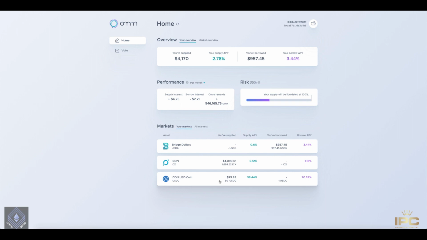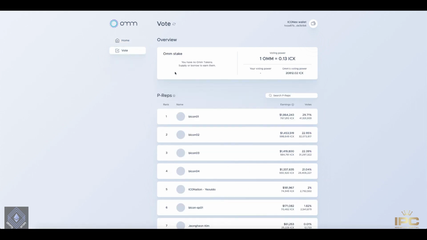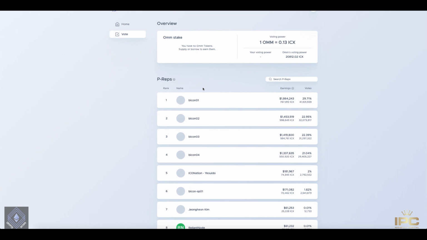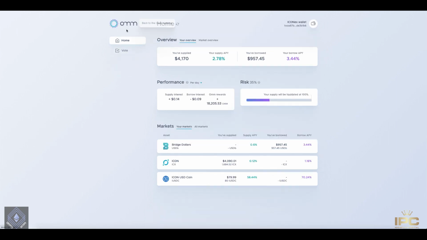I want to talk a lot more about this, and the next component is the voting aspect. So as you earn the tokens, what you can do is you can stake your tokens and then allocate a portion of the ICX that's in the pool, allocate the votes to go to certain PREPs. I'll cover that in a different tutorial, but the OMM tokens are so much more.